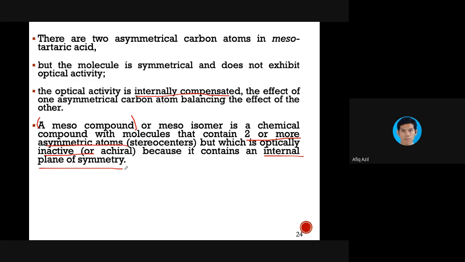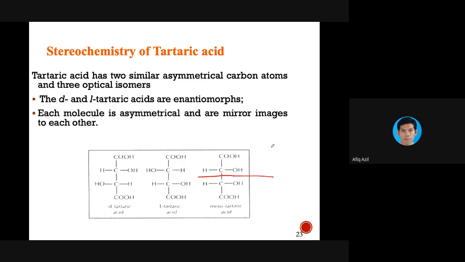An example that you can use is this structure of meso tartaric acid. Tartaric acid contains the normal pair of enantiomers. So these two are a pair of enantiomers, while this one is a meso tartaric acid.